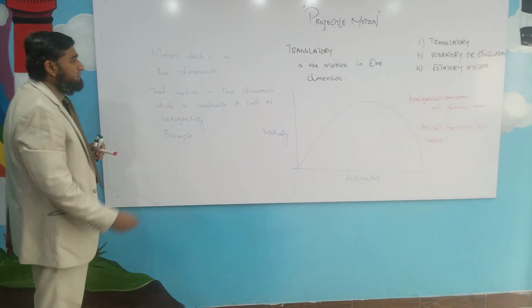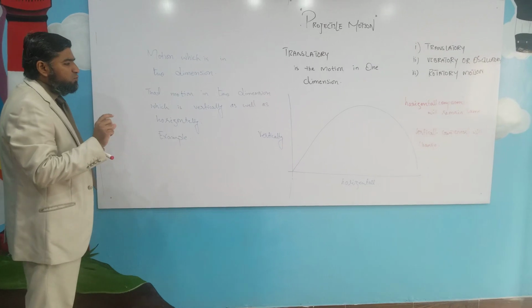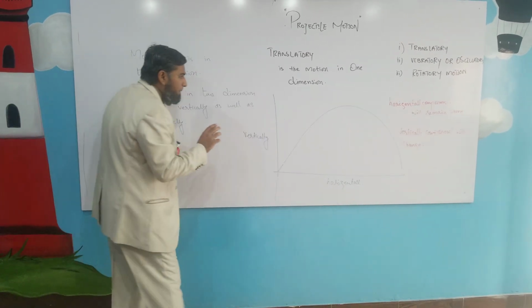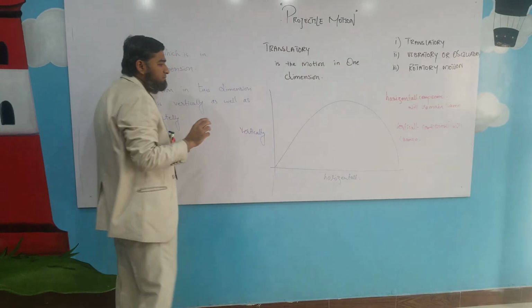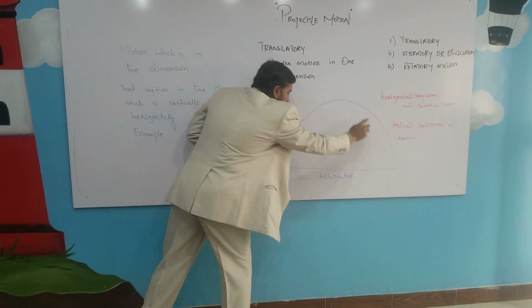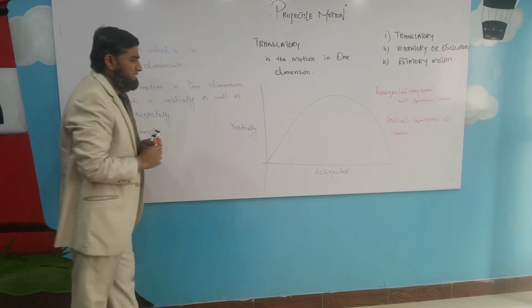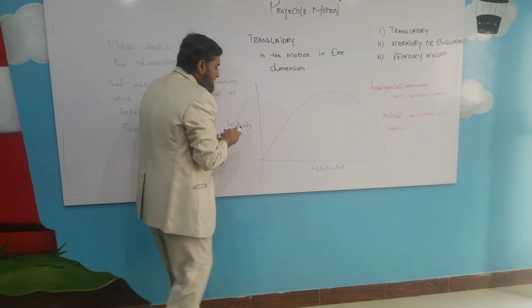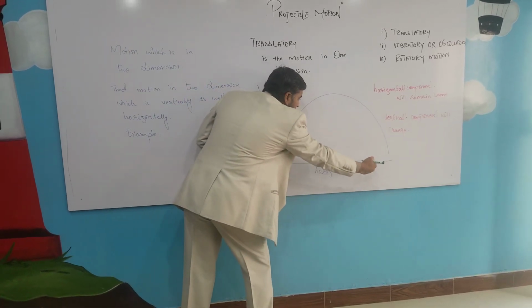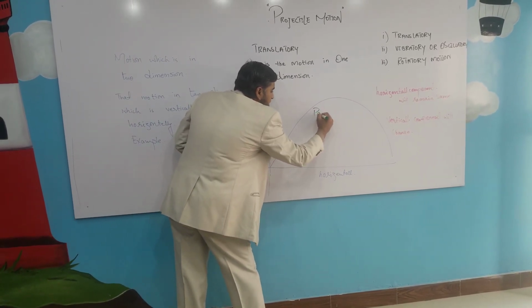Now, number one thing that you should know is that projectile motion forms this type of curve, this half circle, which is known as a parabola.